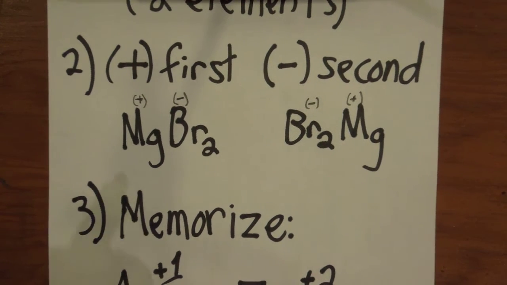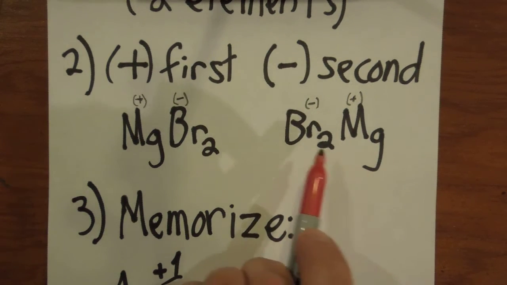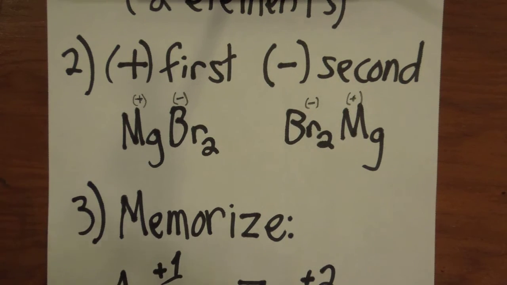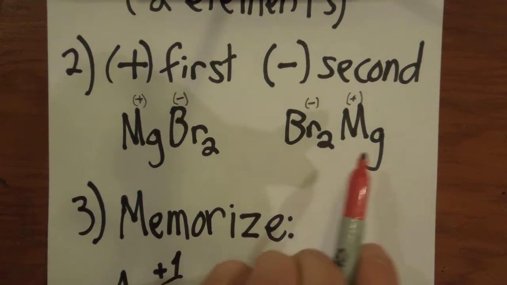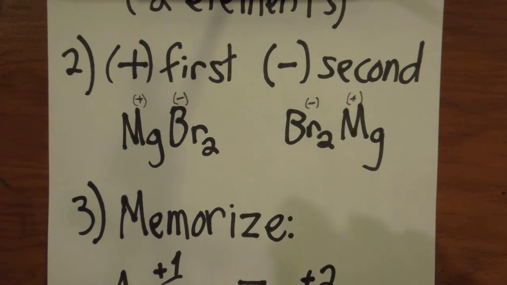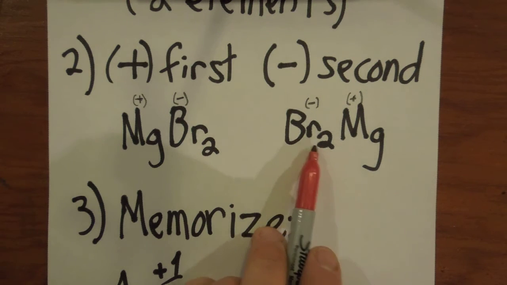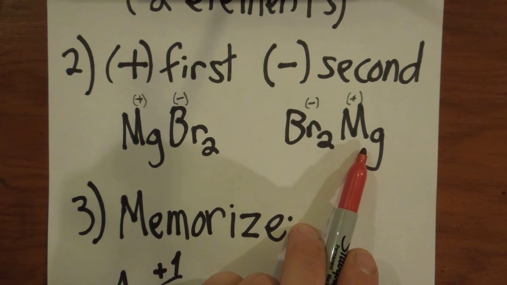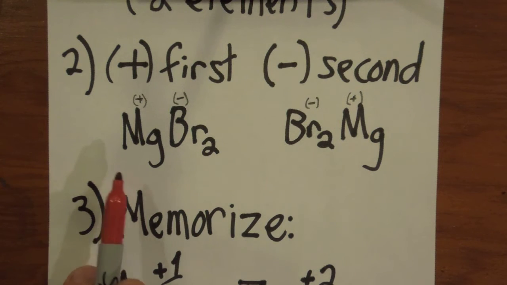If we were to reverse the sequence of those elements and keep the subscripts the same, then we would have this formula here. Now, in a manner of speaking, this formula isn't wrong. There is a measure of accuracy in it, in that it does show 2 bromine atoms combining with 1 magnesium atom, just like this formula here.